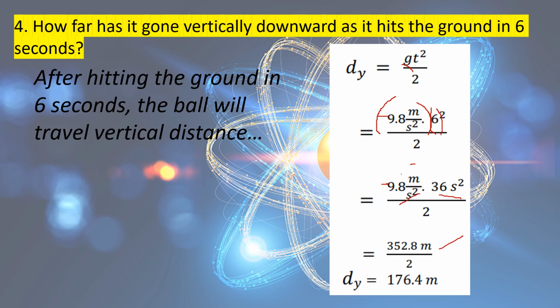Cancel out the second squared, so the unit that remains is meter, over 2. Next, divide 352.8 by 2. So the vertical distance is 176.4 meters. To remove the negative, we will just multiply by negative on every side to make it positive.